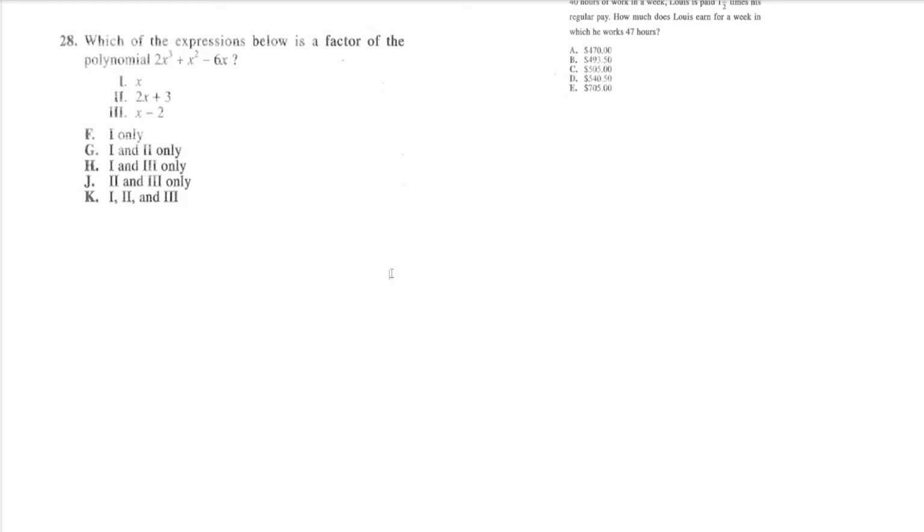So factors of polynomials. This is your advanced function stuff, right? Didn't you start with polynomials? This is a cubic, right? But it's not even that hard of a cubic because it's one that we could have given you in grade 10.